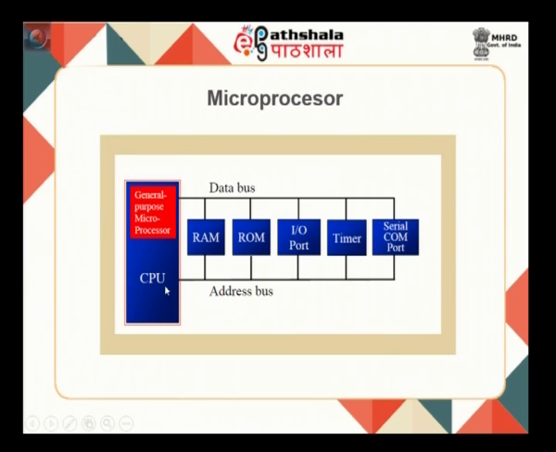If I have a CPU and I want to build a system, whether it is an embedded system or a normal computer system, I need to attach externally a random access memory, read only memory, IO ports, timer or serial COM port, or whatever extra fittings, so that it works like a system. Whether I want to make an embedded system or a computer system, I need to attach these externally, but it is very powerful. The thing here is, it is a general purpose microprocessor.